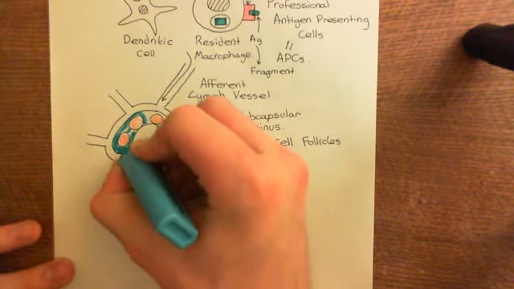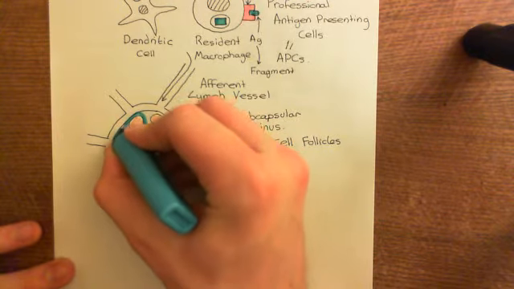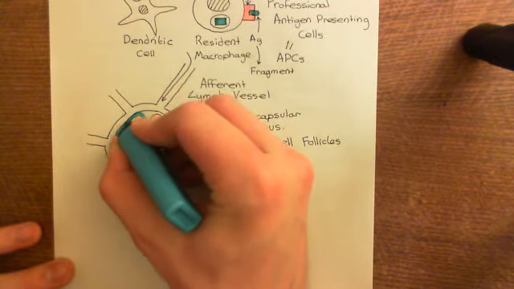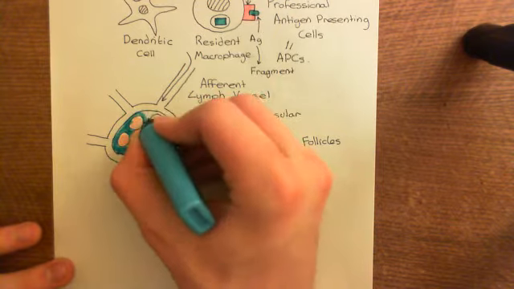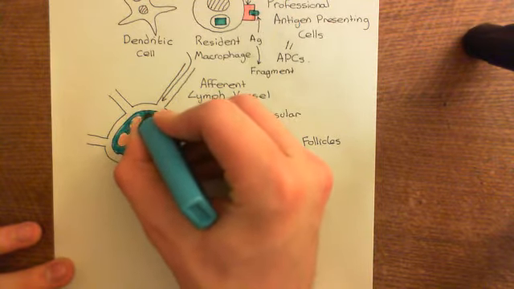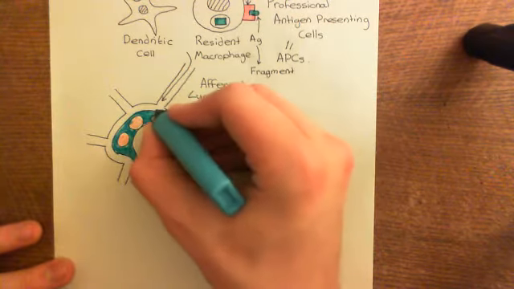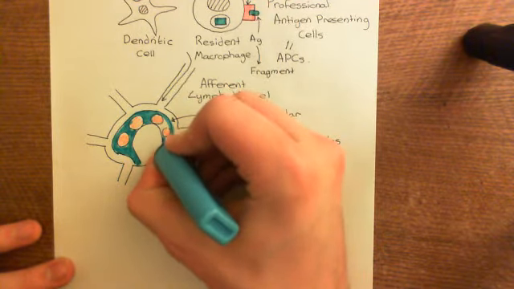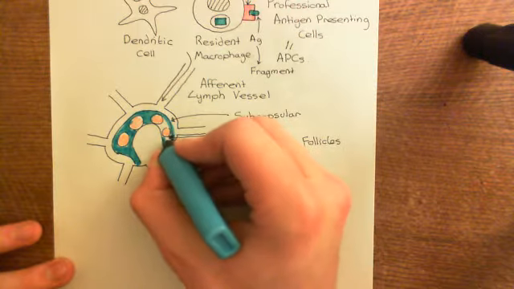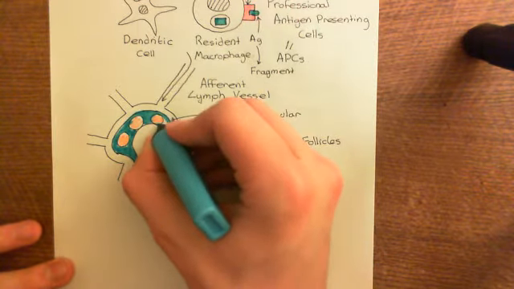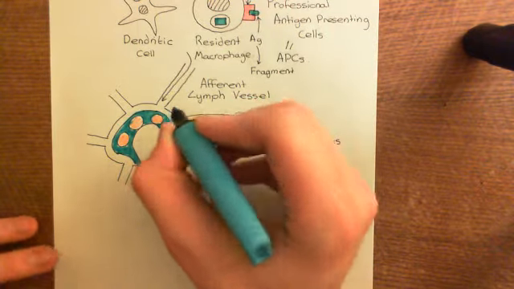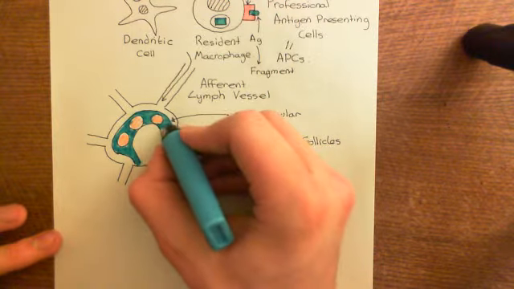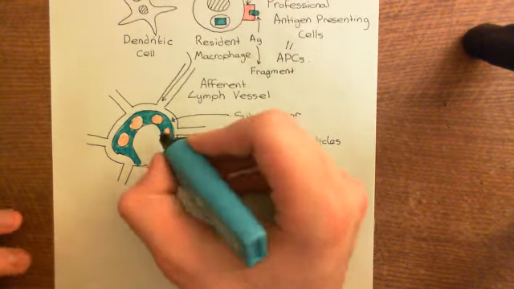So here are these T cells in blue, and they make up the rest of the cortex. So the B cell follicles are just dotted in amongst the T cells that make up most of the cortex. And what's going to happen is that the lymph, in order to get from the subcapsular sinus to that efferent lymph vessel, is going to have to come through all of these T and B cells.